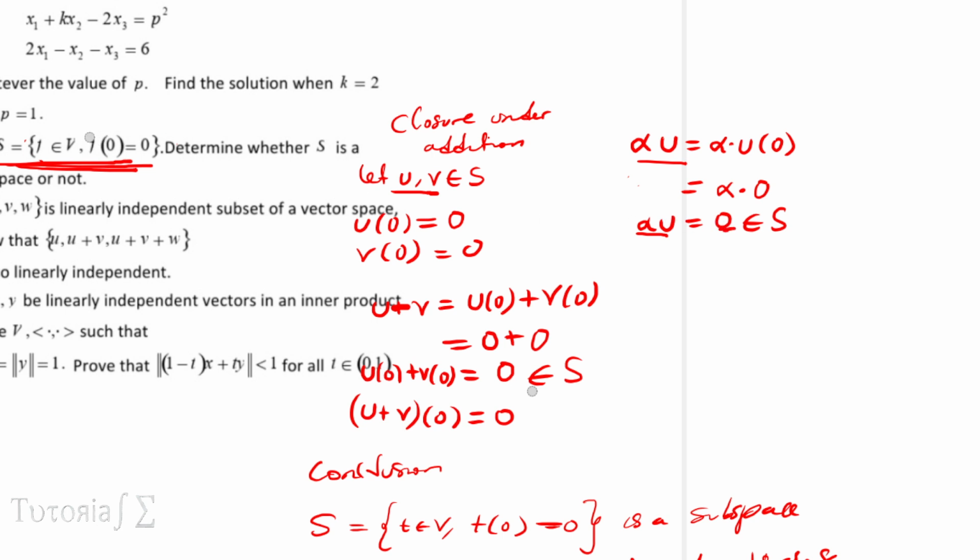And here we're told that whatever vector should be there, it should give us a 0. Same applies here. If you add the vectors, you are also getting a 0. So the closure under addition and multiplication have been verified. Okay, so now we can look at linear independence.